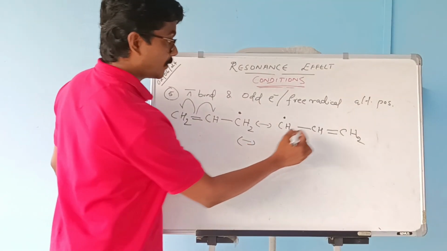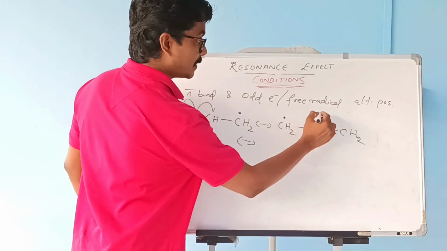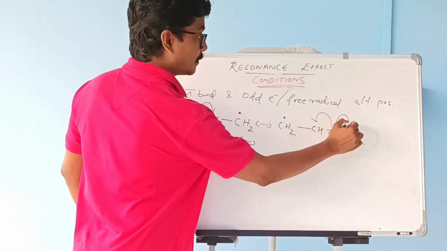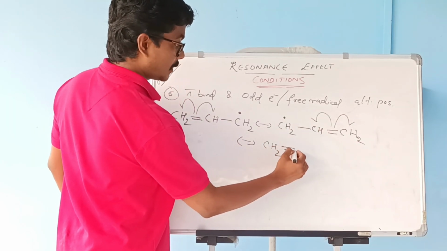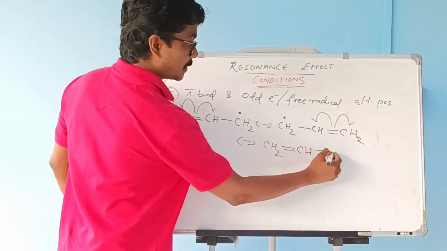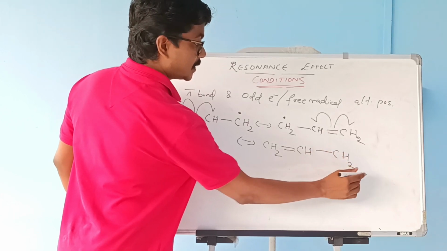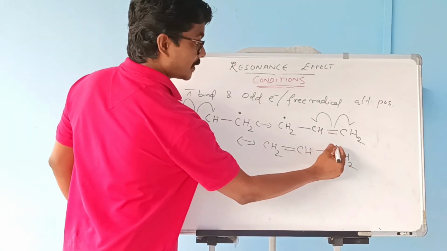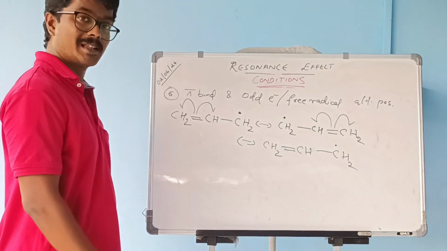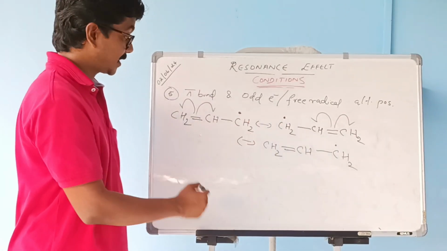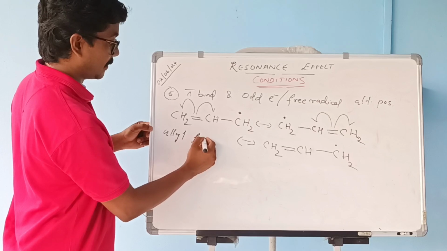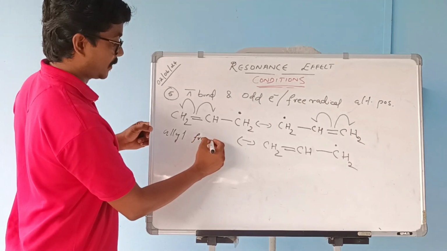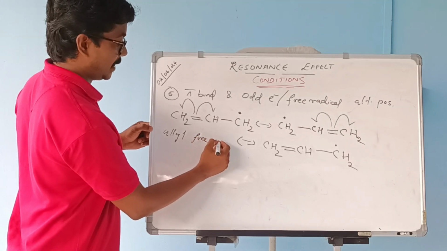And again, what is going to happen? This will come here and this will come here. Okay, CH2 double bond CH2 and an odd electron will come here. These are the canonical structures of the allyl free radical.